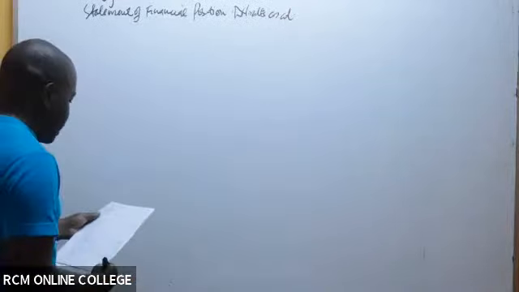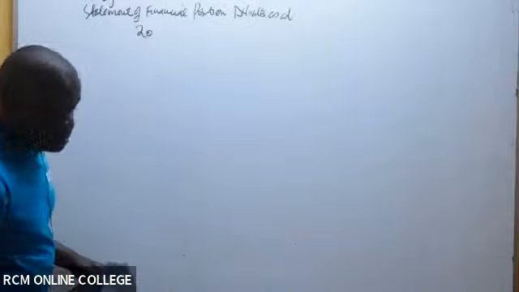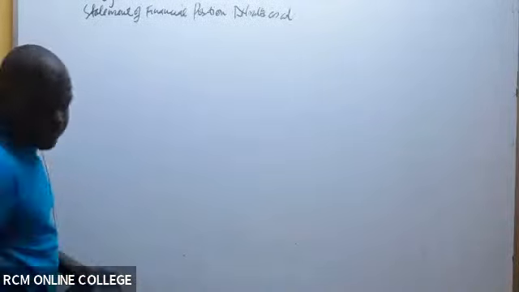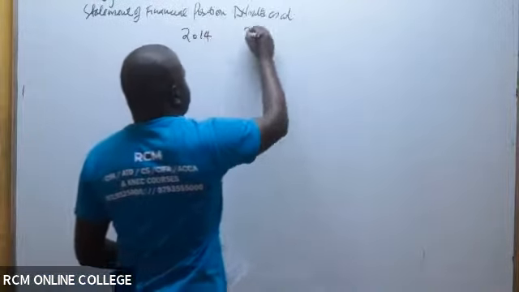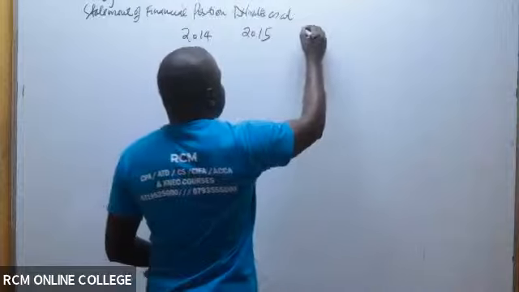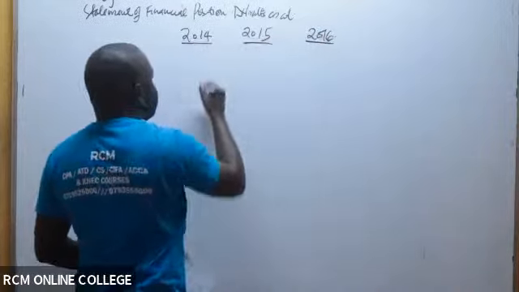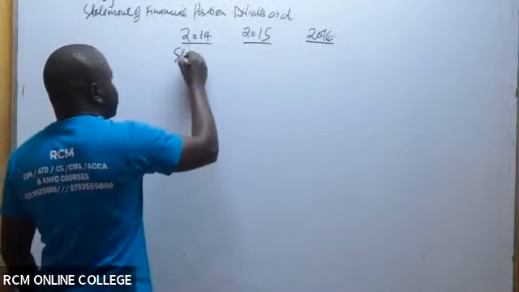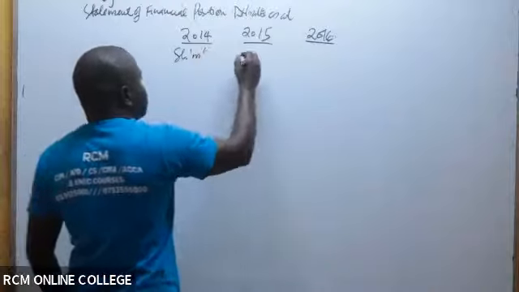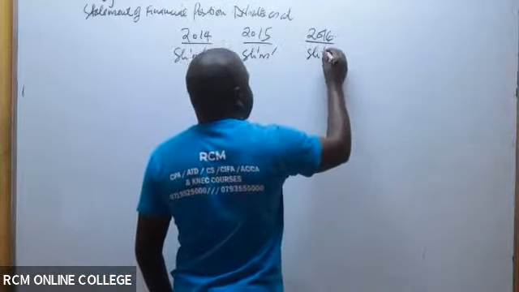Suppose there are 3 years. So you have 2014, you can put the year here, 2014, 2015, and of course, 2016. We have shillings in millions.